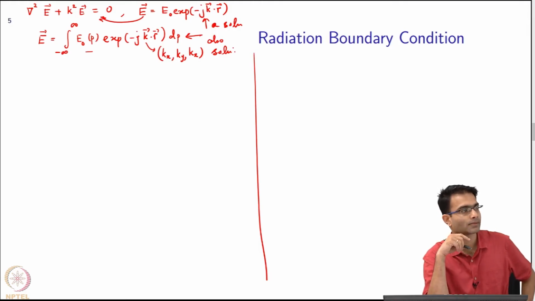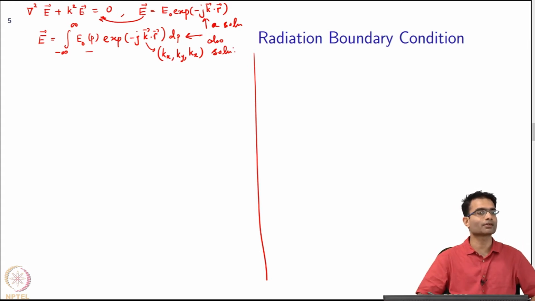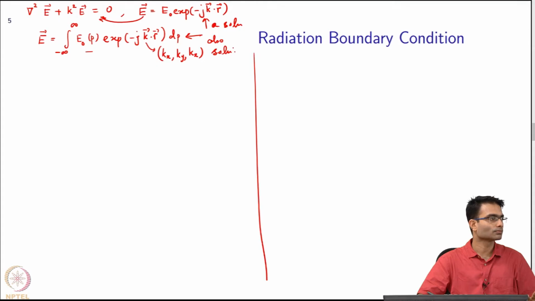What is the interpretation of this general equation? It is a superposition of different plane waves with varying amplitude, like a Fourier transform idea.